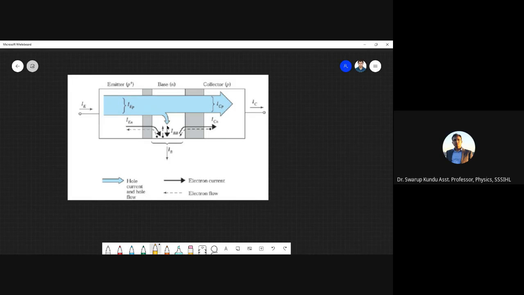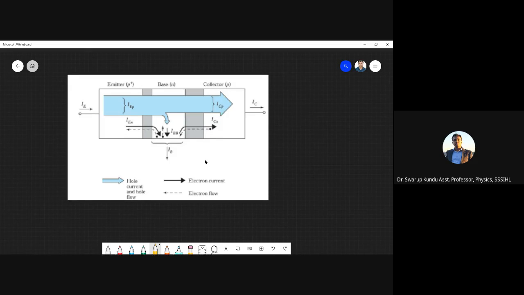So to supply those electrons in the base region for a continuous flow of current, the battery will help. That current is denoted by IBB. It's the current in the base: the first B is for base and the second B for the battery. Okay, so all together, the transistor works.